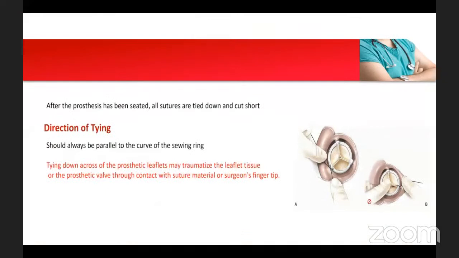For direction of tying after satisfactory seating, the sutures are tied down securely parallel to the direction of the sewing ring. Tying down across the prosthetic leaflet may traumatize the leaflet tissue or the prosthetic valve through contact with suture material or the surgeon's fingertip.